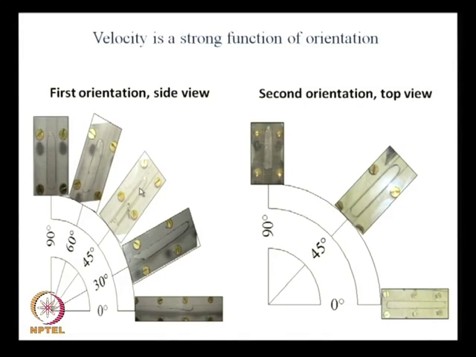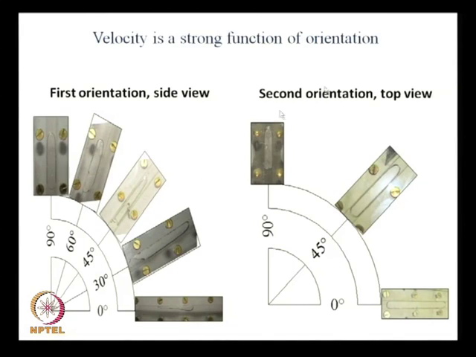Here it is completely rounded, gradually it starts getting pointed and the bubble is confined towards the upper portion. Finally, when we come to the horizontal, there is no Taylor bubble sort of a thing, it is just an irregular mass of air which is climbing along the upper wall.